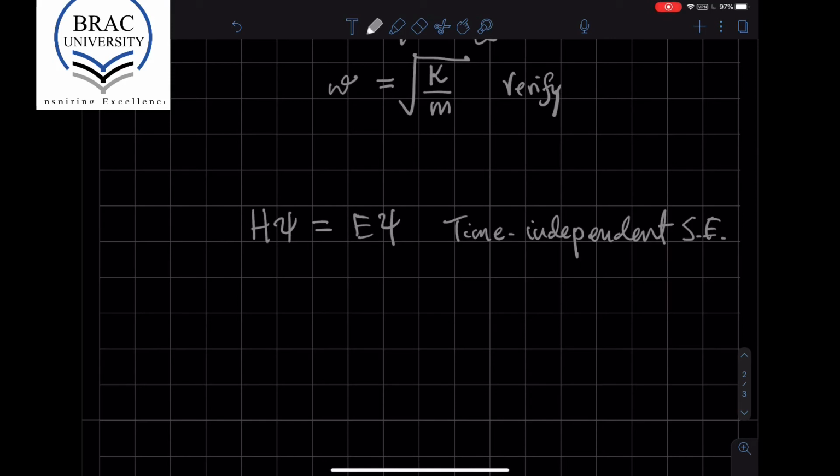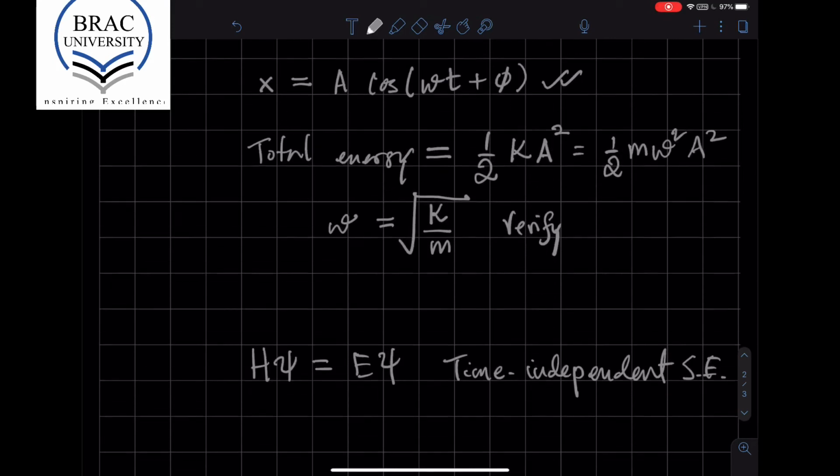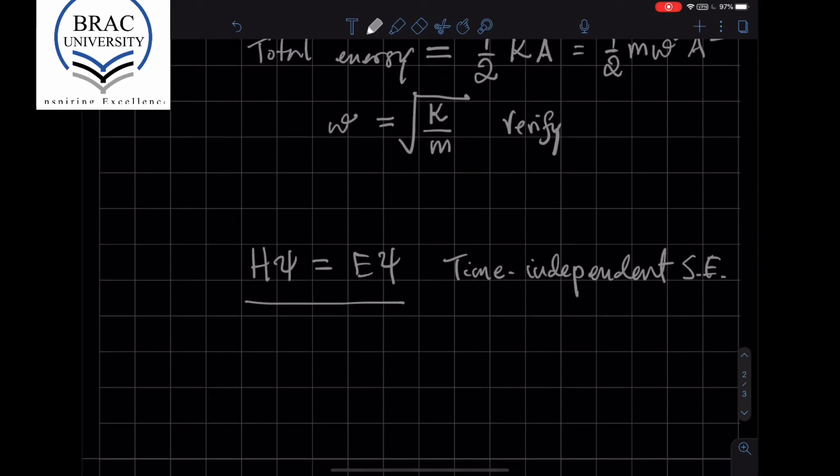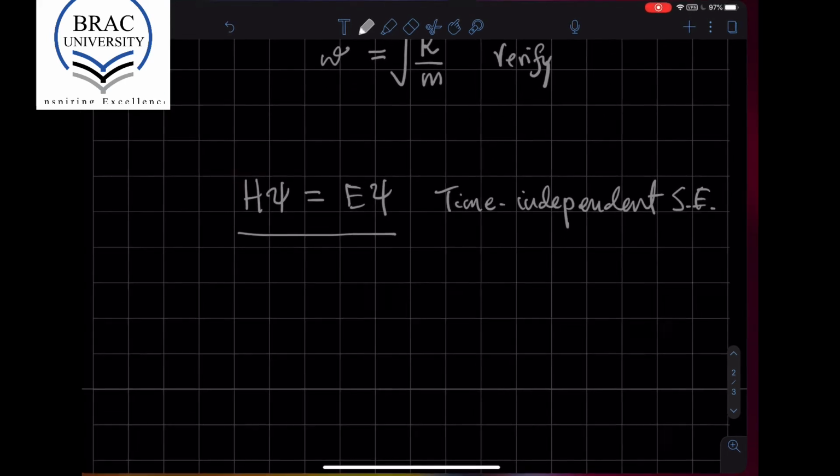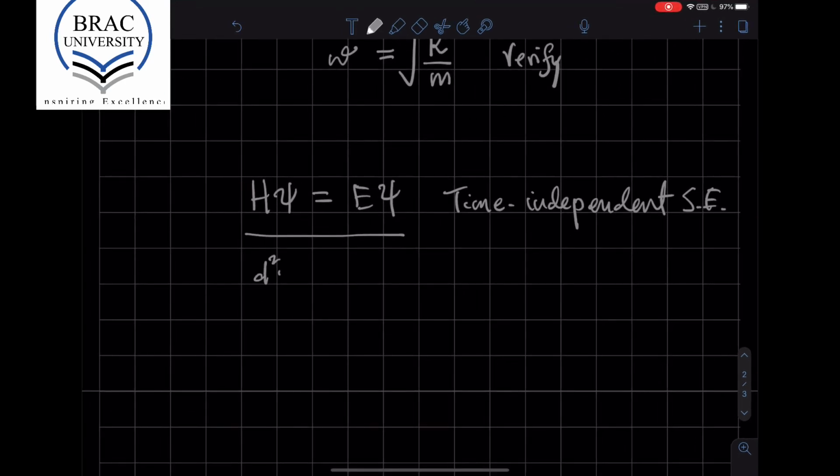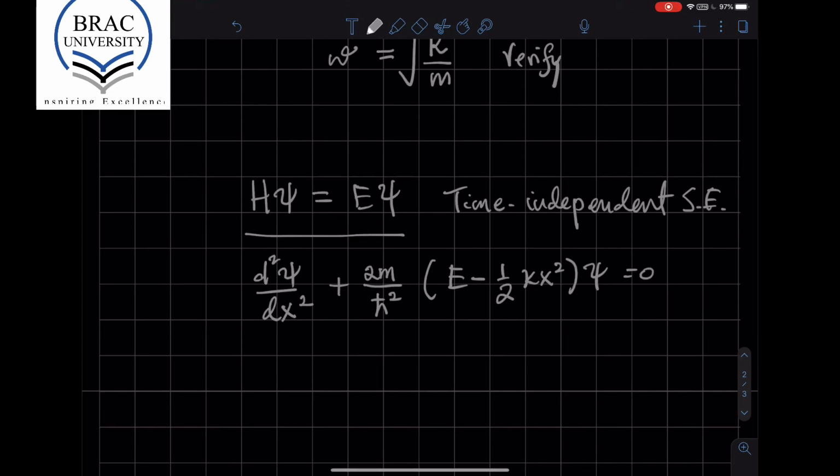So this equation explicitly is d squared psi dx squared plus 2m over h bar squared times E minus V, which is half k x squared, times psi, equal to 0.